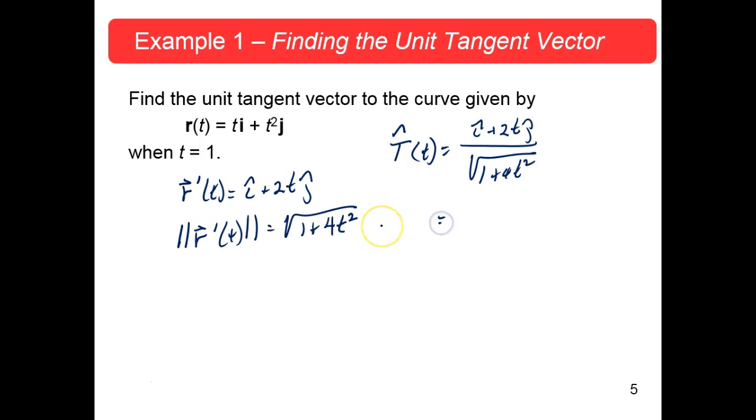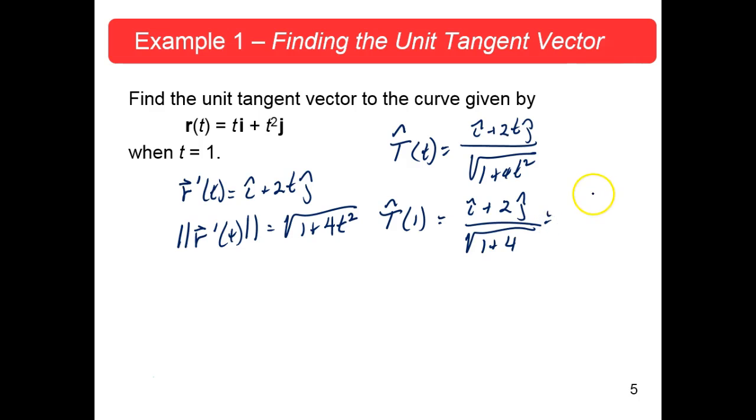Okay? But they asked for it, I'm so sorry. They asked for it specifically when t is equal to 1. It doesn't have to be 1 second, it's just t is equal to 1. This unit tangent vector at t equal 1 would then be i, that doesn't change any, plus 2j divided by the square root of what? 1 plus 4.